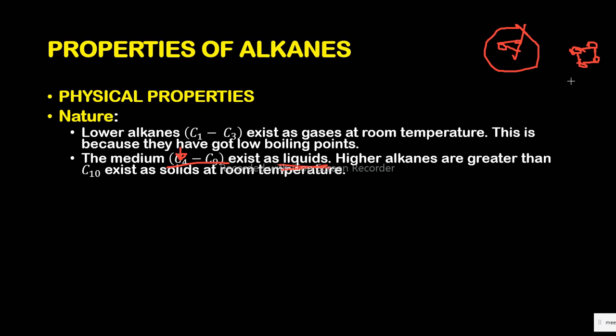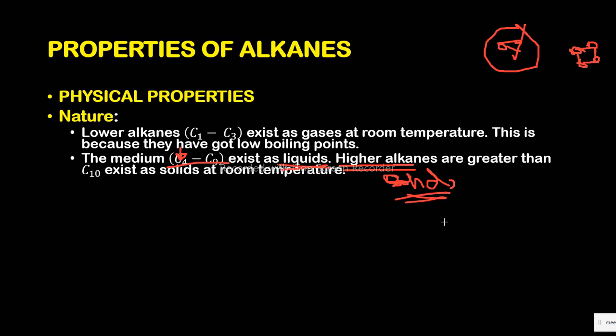But higher alkanes, these ones are going to exist as solids at room temperature. Now why are they solids? It is because their melting point, in this case, is higher than the room temperature.